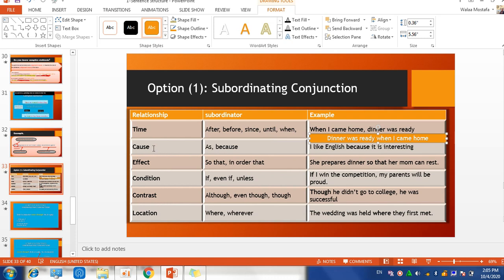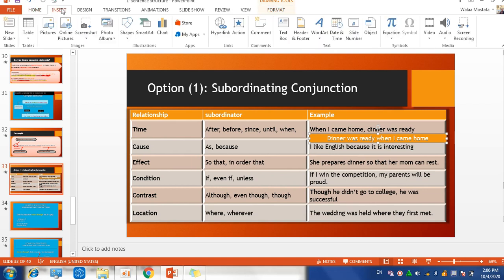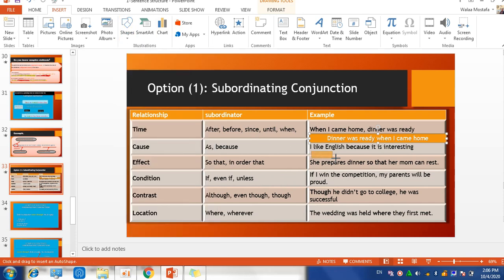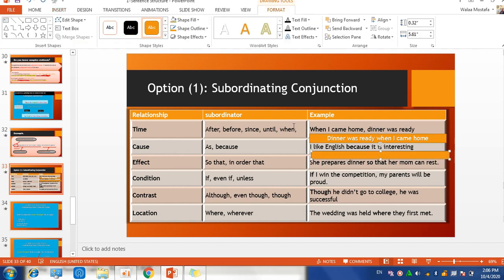Some subordinating conjunctions introduce reason, or cause, like as or because. I like English because it's interesting. Can I switch it? Let's try. Here, let's write it. But because I'm speaking about English for the first time, the first part, I won't use a pronoun.